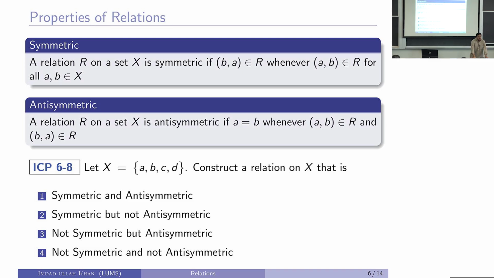So a relation that is not symmetric. Give me one relation which is not symmetric. Just write AB. Why is it not symmetric? Because BA is not there, right? But you want it to be not antisymmetric.